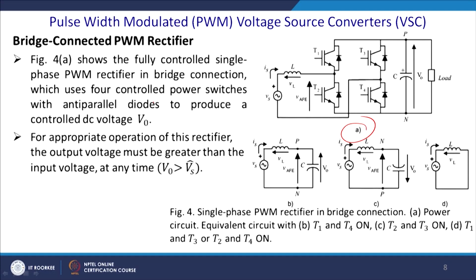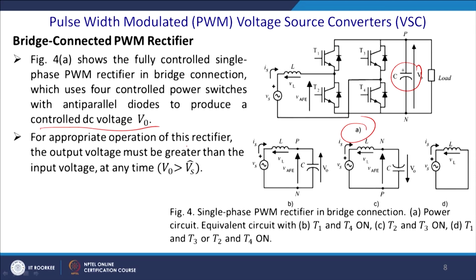So, current can be bidirectional, while voltage blocking capability is unidirectional, with anti-parallel diodes to produce the controlled voltage in the DC link. The power will be rectified here, and you get a controlled voltage depending on its duty cycle.